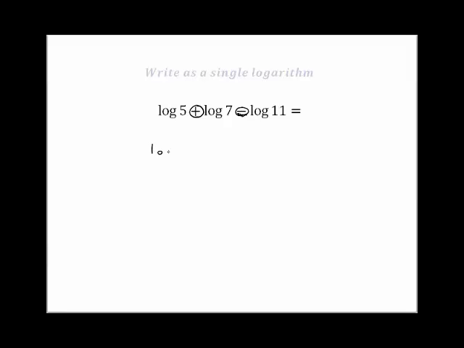The log of 5 times 7, put that in parentheses so it's a little clearer to look at, over log of 11. So we can rewrite that as the log of 35 over 11.